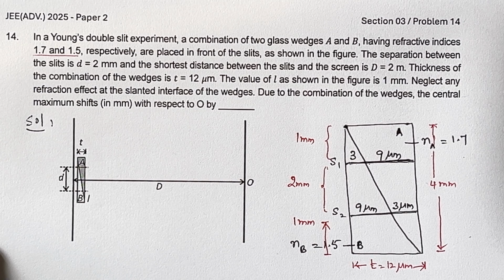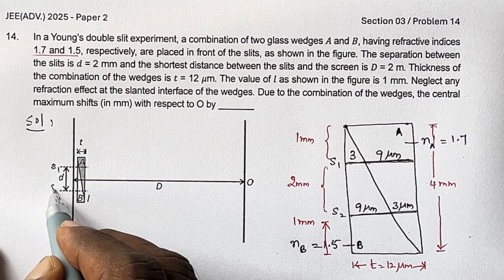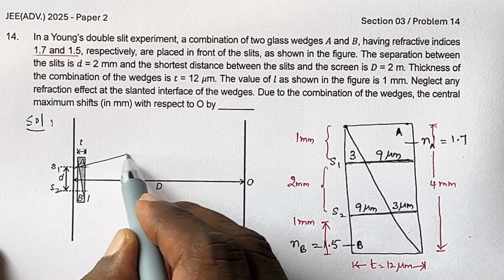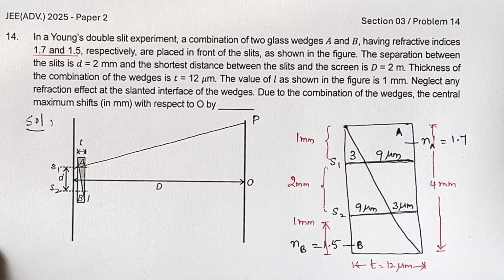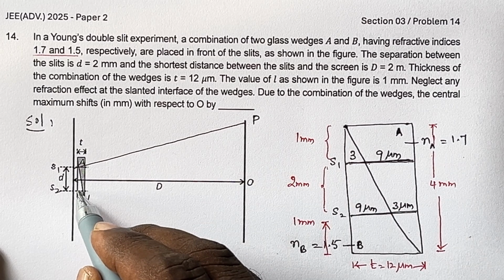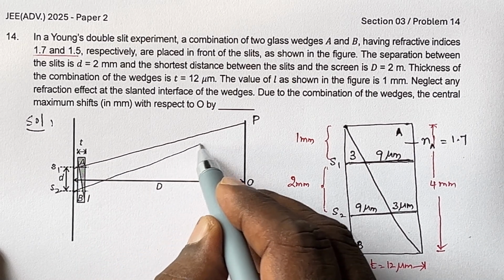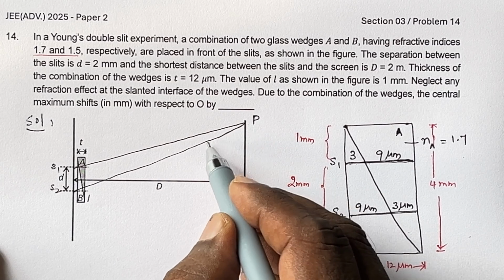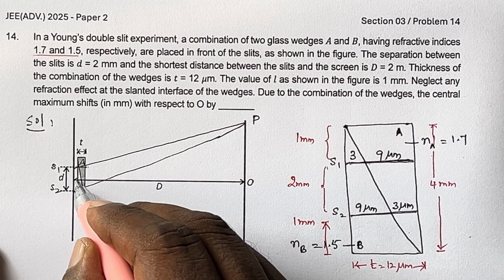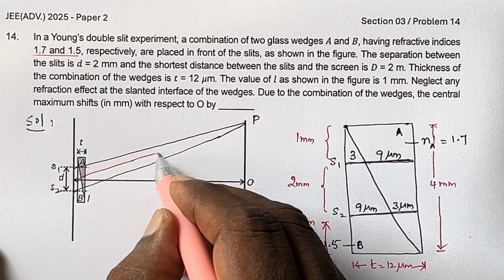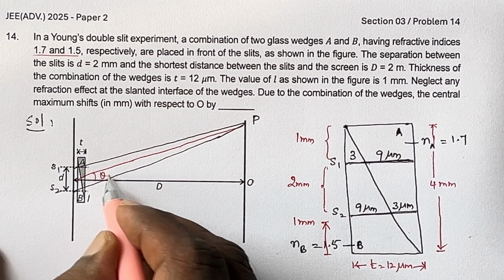So whenever the light travels from material having some refractive index, we can calculate. See, the concept is this is S1, this is S2. The light ray is going and falling on the screen at P. Another light ray coming from S2 is also falling at P. So this is angle theta.